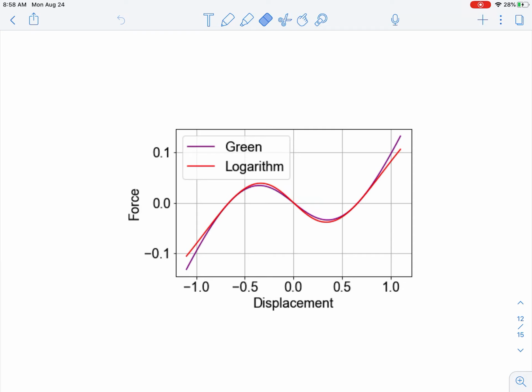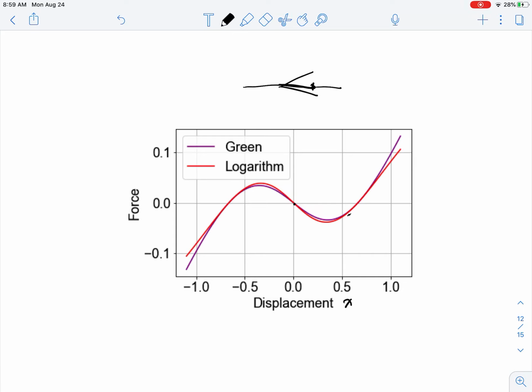Then you get something that looks like this, where this is the displacement x, and this is the corresponding force. We're going to talk a little bit more about this, but you can see that this changes. As you are moving, you are compressing the bar, so it's under compression.